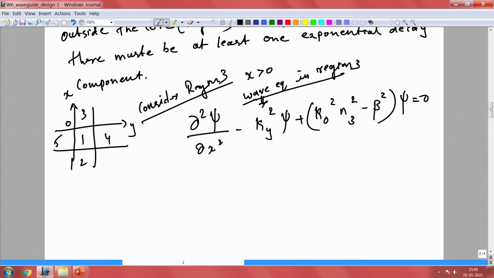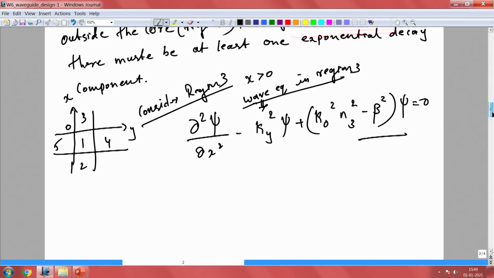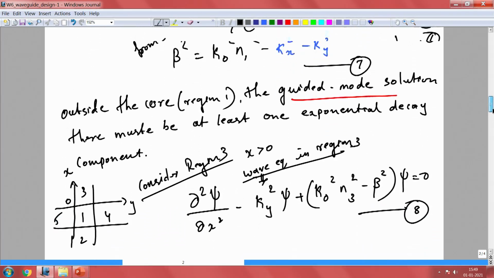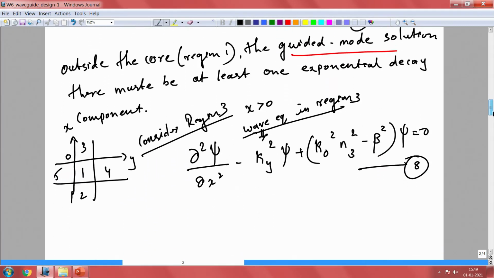So, now if you substitute equation 7 here, you have 7 into 8 now.